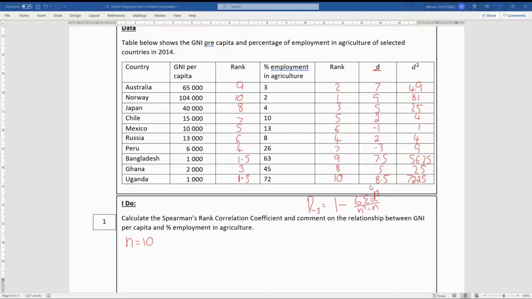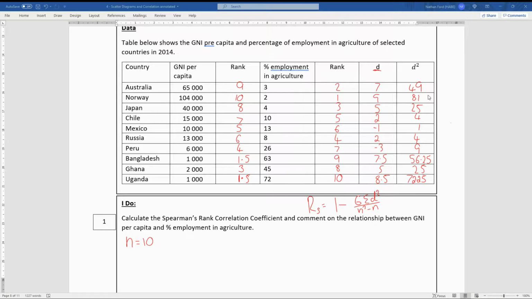Now, we're going to go back to our formula. Our formula for this is 1 minus 6 times the sum of all of the d squared. So we need to sum all of these d squareds. So I'm going to type this into a calculator and then I'll pop it in here. But just, I'm going to pause it.